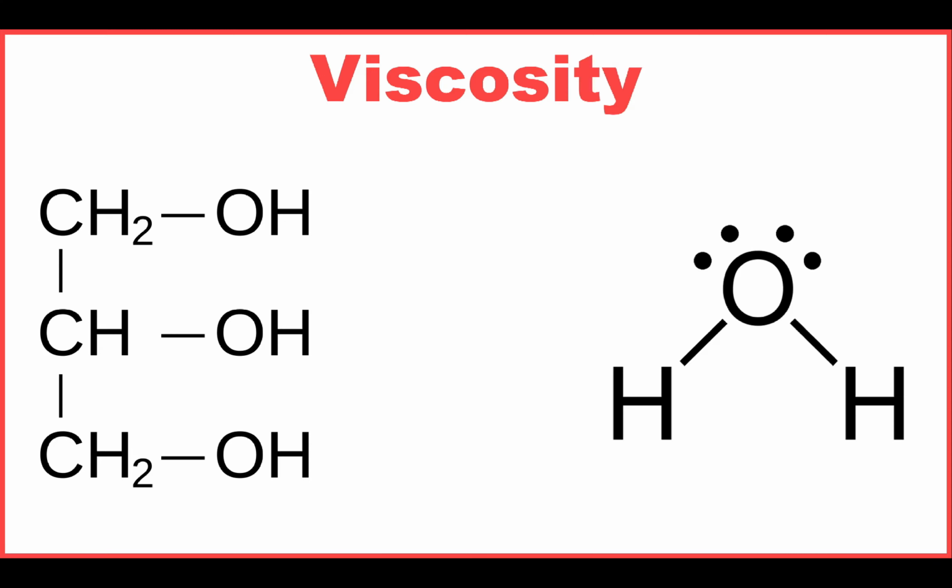Glycerol has high viscosity due to the three hydrogen bonding sites. Remember, the larger number of OH groups allows glycerol to form more hydrogen bonding with other glycerol molecules. So it makes the intermolecular forces of glycerol stronger than those of water, and its resistance to flow greater.